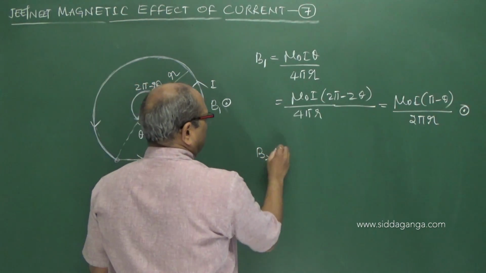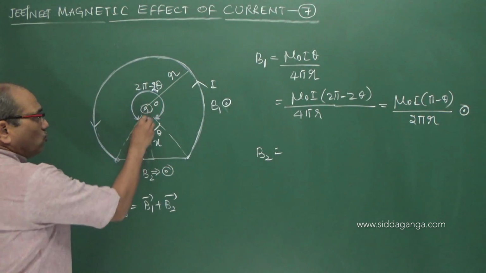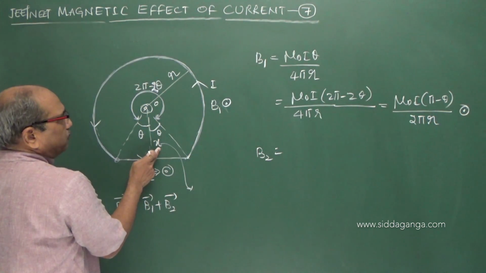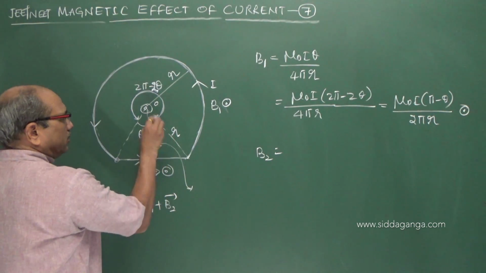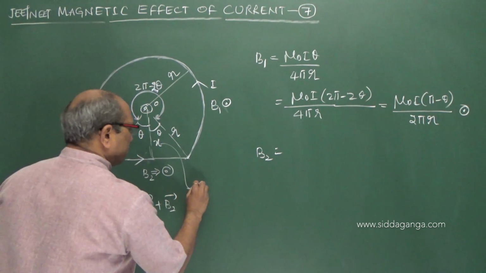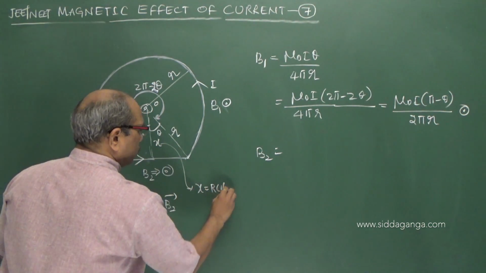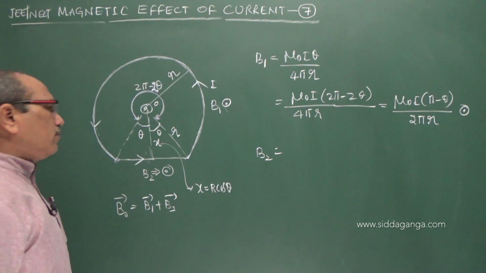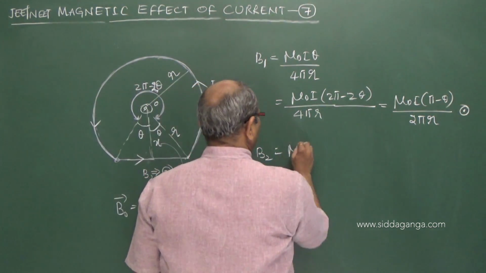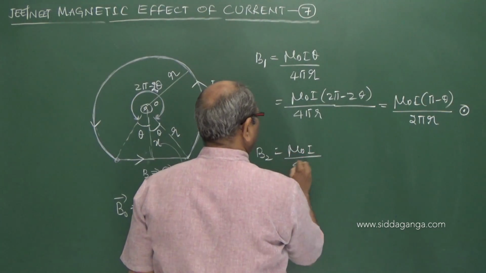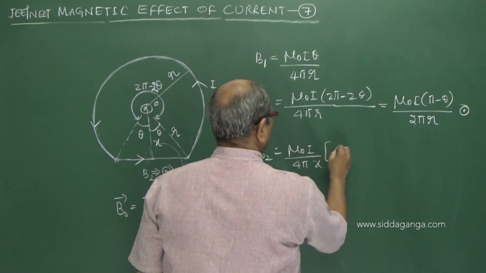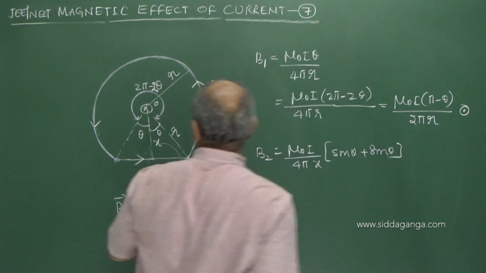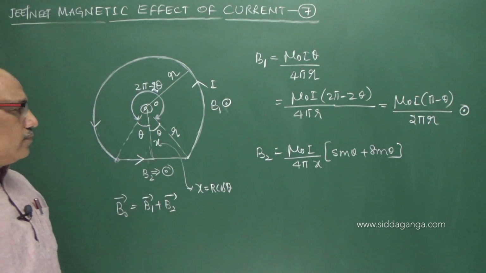Coming to the second magnetic field, you first want to find the value of x. X by r, that is, x is equal to r cos theta, because this is the angle theta here. So I am using the relation mu naught I by 4 pi x into sin theta plus sin theta, it is theta here as given.